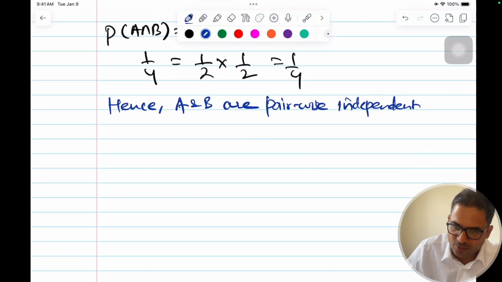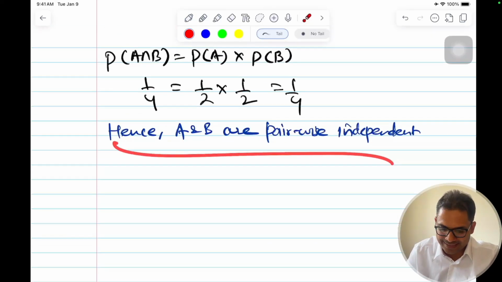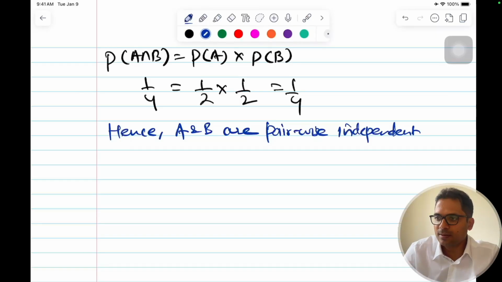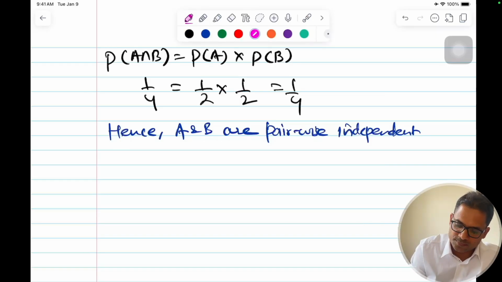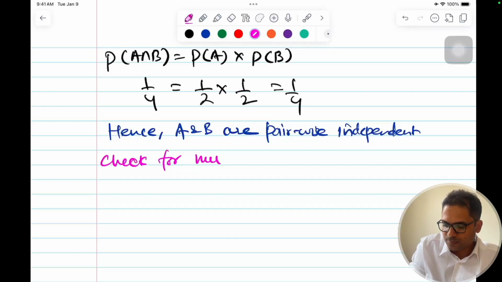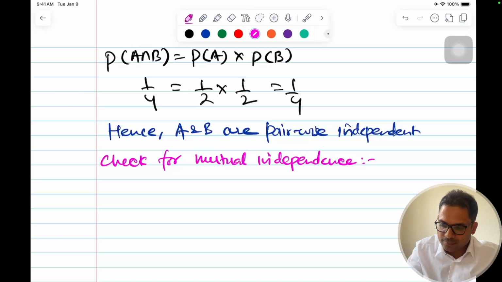Okay. Now let's see if they are mutually independent also. Not pairwise. Are they mutually independent? Let's check that also. So let's check for mutual independence.